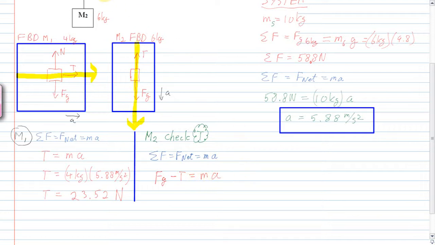Now you plug in the numbers, except for the T. Okay, so the force of gravity on this object is 58.8 newtons. That's the mg of this.